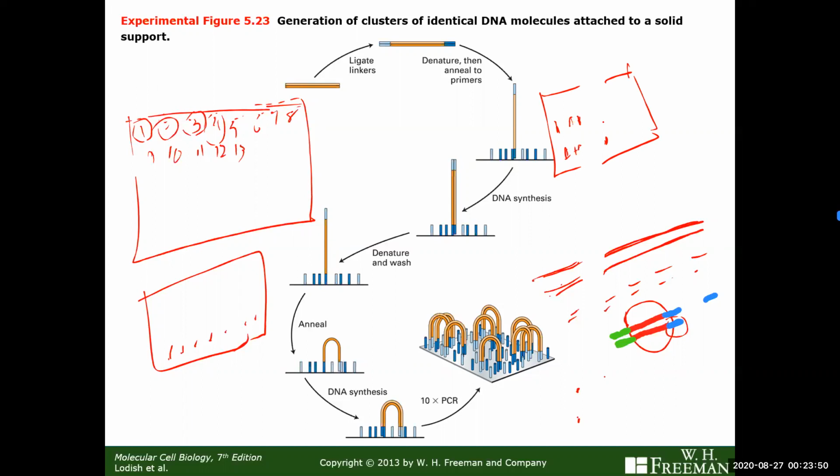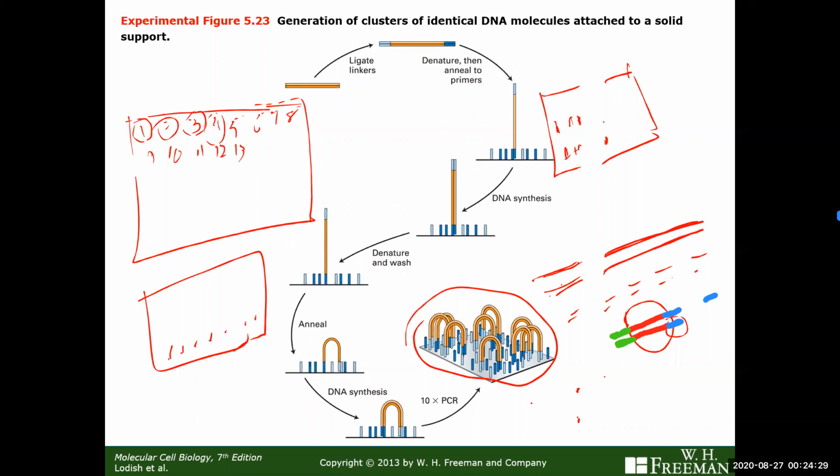So you will allow this denatured DNA with this adapter to anneal to those, and then you use a PCR reaction to amplify this DNA with adapter bound on both ends within a very small region. This is what is shown: like a 10x PCR, you have a few thousand identical pieces of DNA clustered in one spot, and in the actual glass slide you will have billions of these clusters, or at least millions.